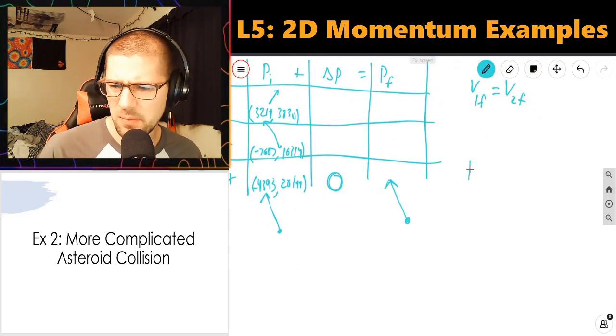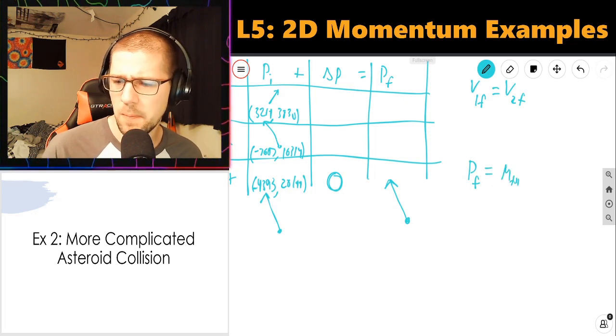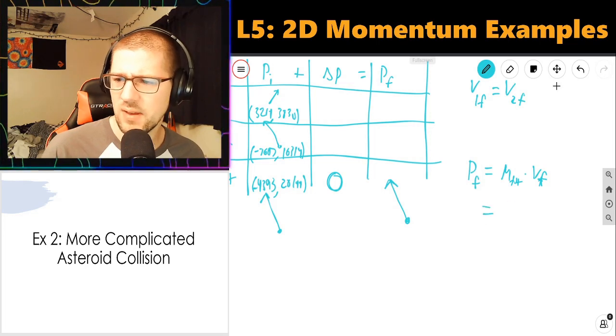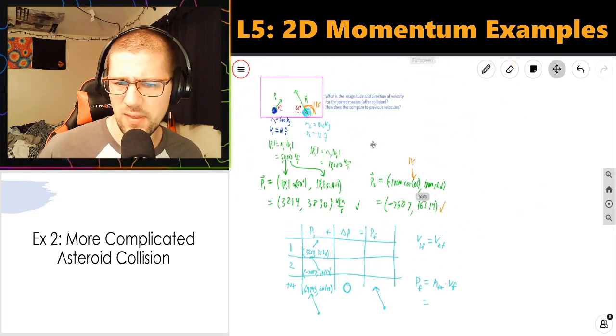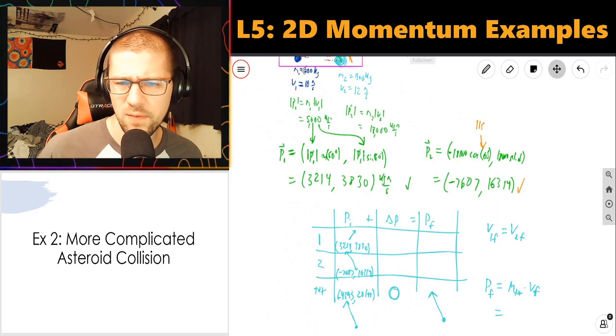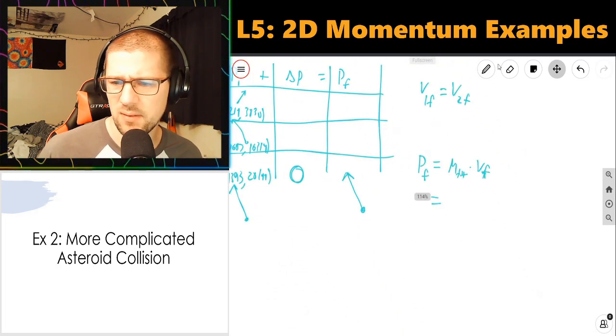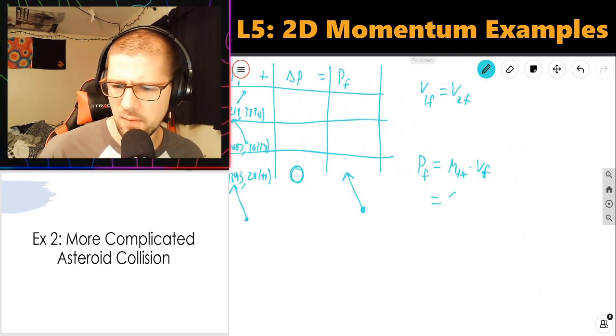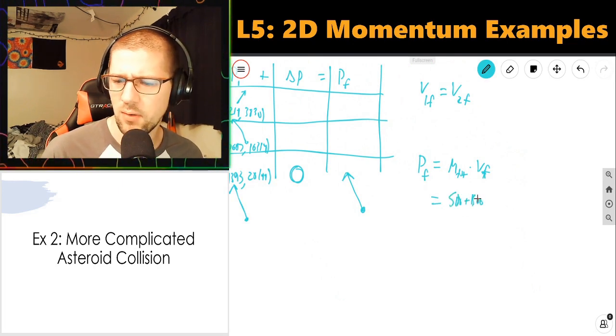So let's do that. P final is just the mass total times the velocity final. The masses are 500 and 1,500 kilograms, which makes 2,000 kilograms, times whatever the final velocity is.